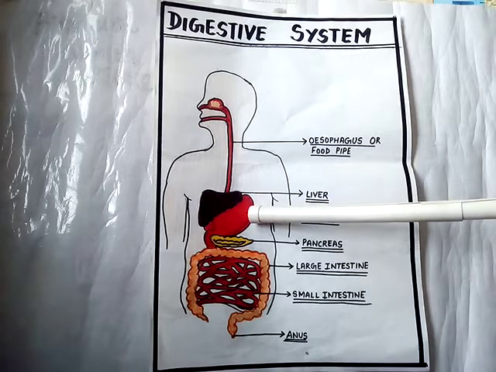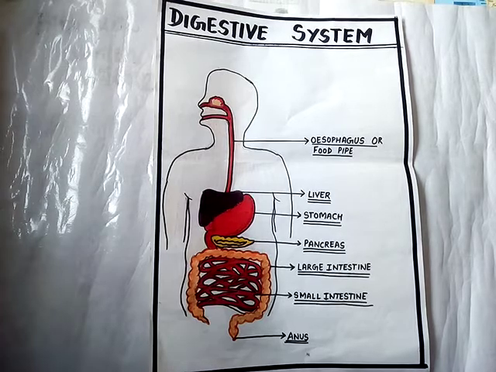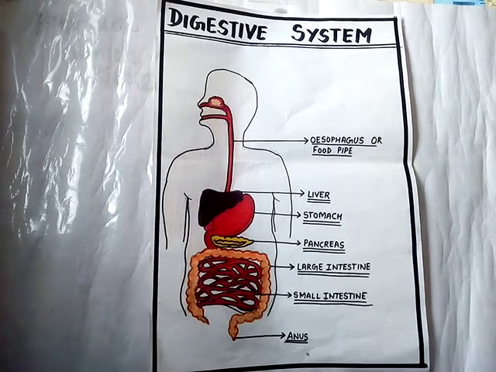So what are the functions of these gastric juices? First, hydrochloric acid. It eliminates bacteria in the stomach which may enter the stomach with food. The hydrochloric acid creates an acidic medium which facilitates the action of the enzyme pepsin.